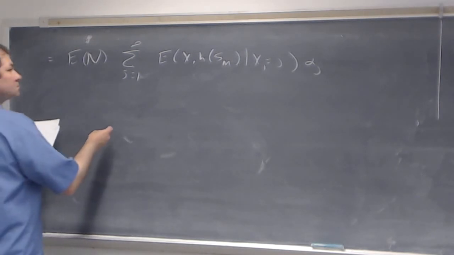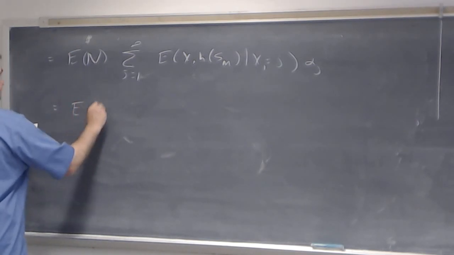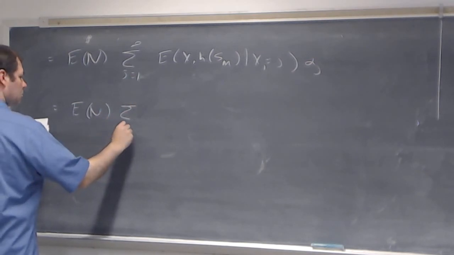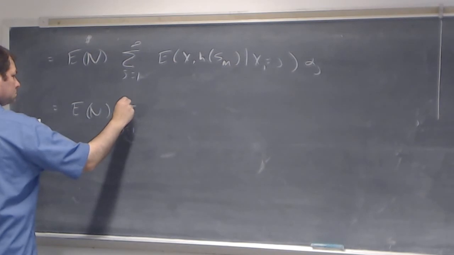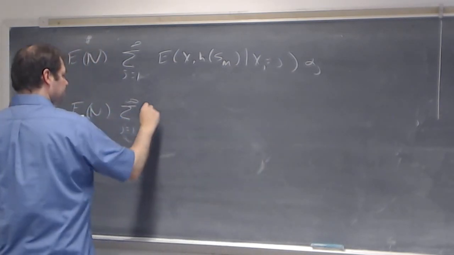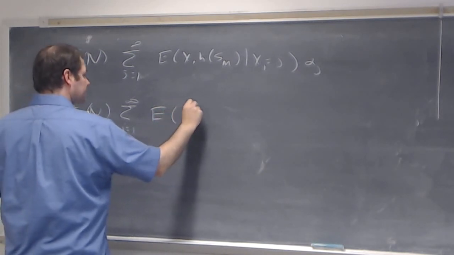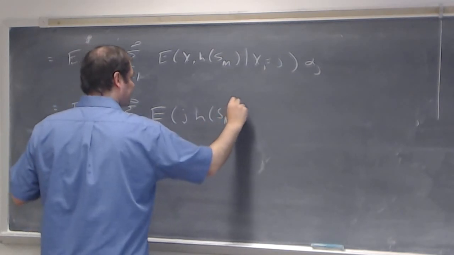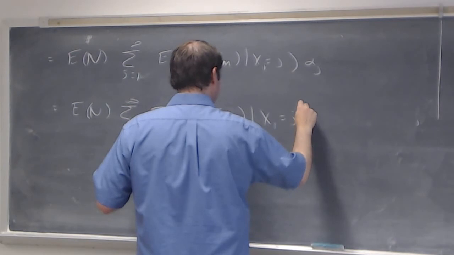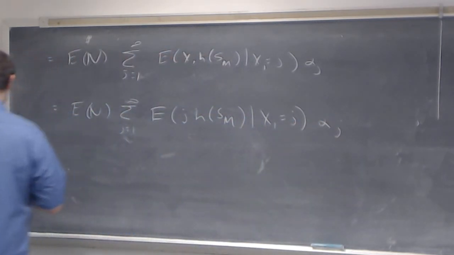Okay? And that's equal to the expected value of n times the sum as j runs from 1 to infinity, and here we know x of 1 is equal to j, so this is the expected value of j times h of s of m, given x of 1 equals j, times alpha sub j.